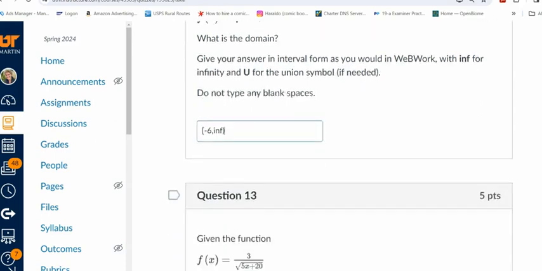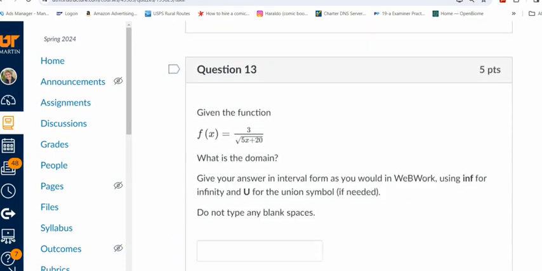All right, now we have a square root, but it is in the denominator of a fraction. If you have the square root in the denominator of a fraction, then the argument inside is strictly greater than 0. And our argument here is 5x plus 20, and that must be strictly greater than 0.